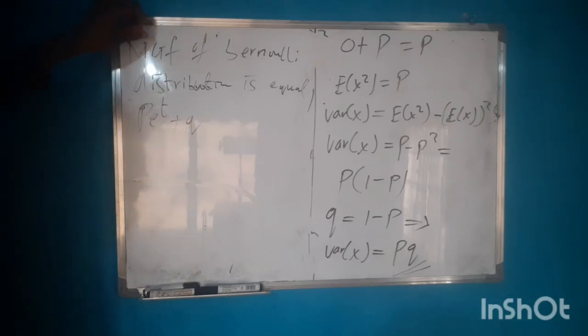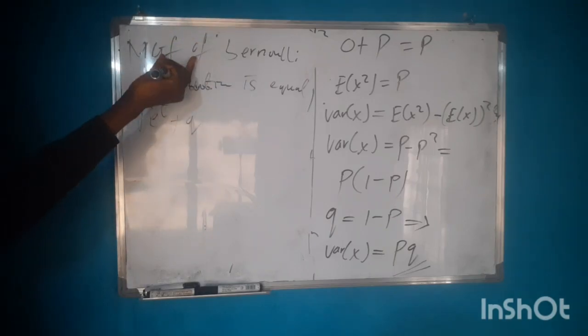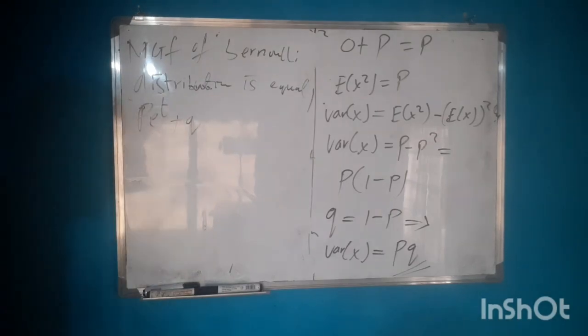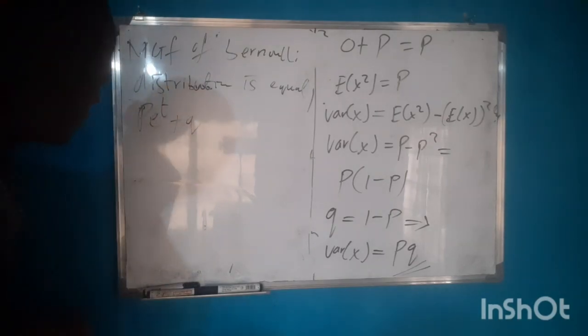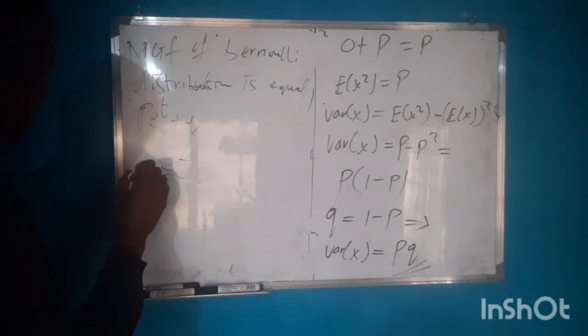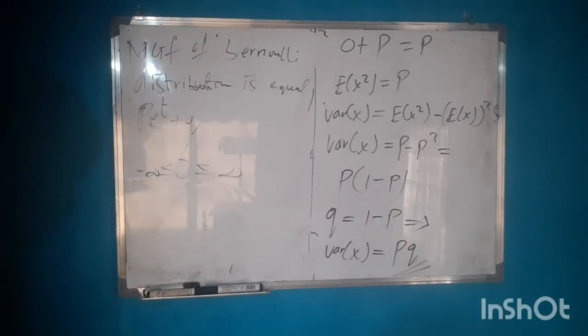So I'm trying to prove why the moment generating function of a Bernoulli distribution is equal to p exponential t plus q, where t is greater than or equal to minus infinity and less than or equal to infinity. So let's start.